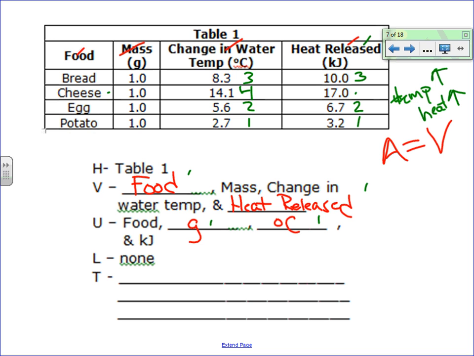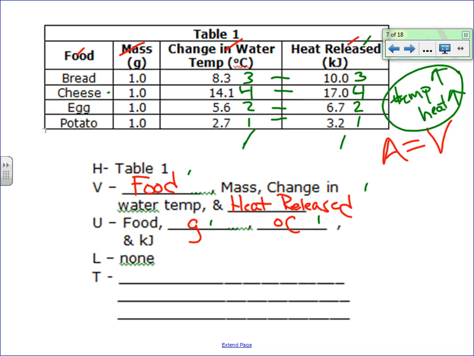And where would we put the 4? Okay, now what do you notice about our temperature numbers and our heat release numbers? They're the same. So in this case, if they were in order, it would go lowest to lowest, then this one, then this one, then this one. And since both columns do the same thing, you know the variable relationship is this: as one increases, the other increases.